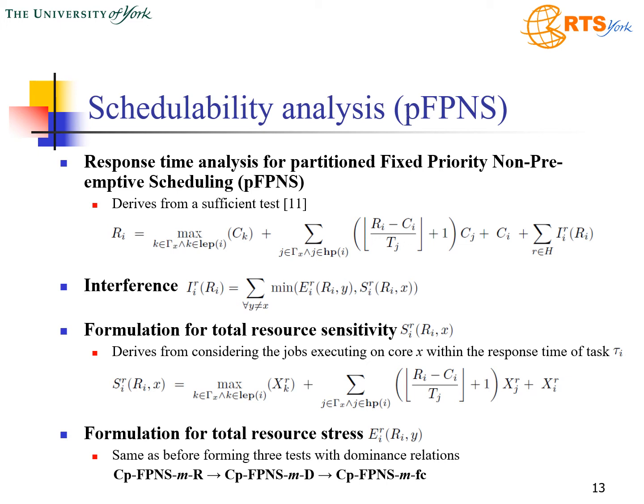Here, the formulation for total resource sensitivity is slightly different from the preemptive case, because here we've got blocking jobs of lower priority that may also execute within the response time of the task under analysis. It turns out that the formulations for total resource stress are exactly the same as before. Admittedly, they're passed different response time values. And these form three tests with dominance relations between them.